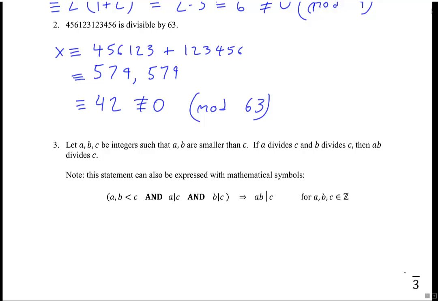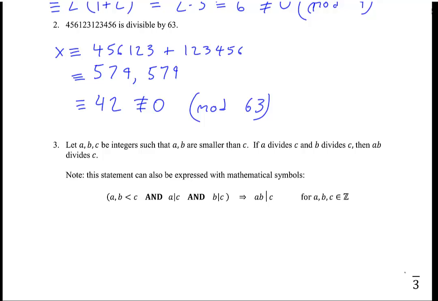But it doesn't tell us that A multiplied by B is a certain size. It just tells us that A is less than C individually and B is less than C individually. So when I look at this, I'm still kind of nervous that the A and the B might be too big, or it could be bigger than the C. So maybe try to come up with an example along those lines.